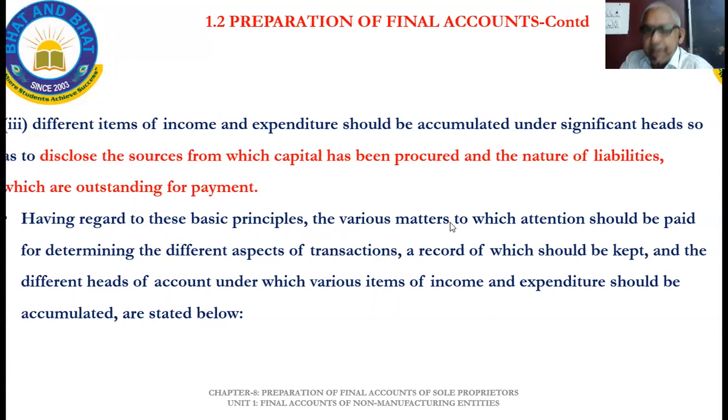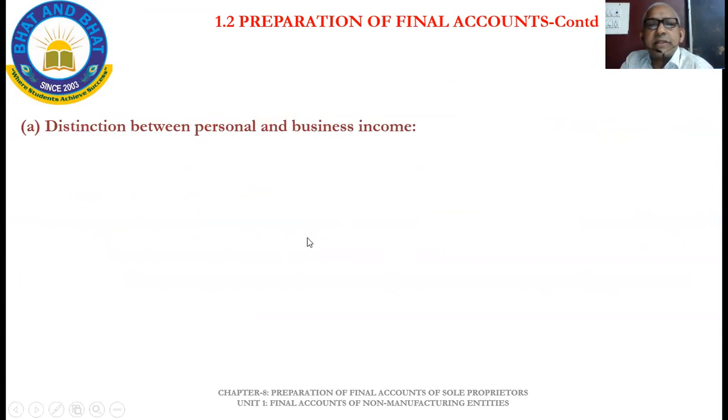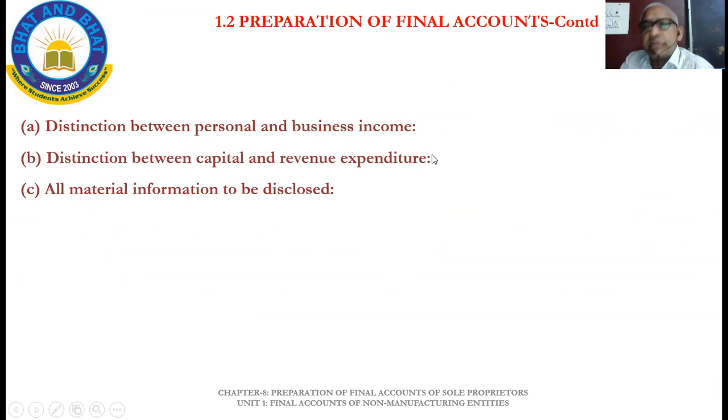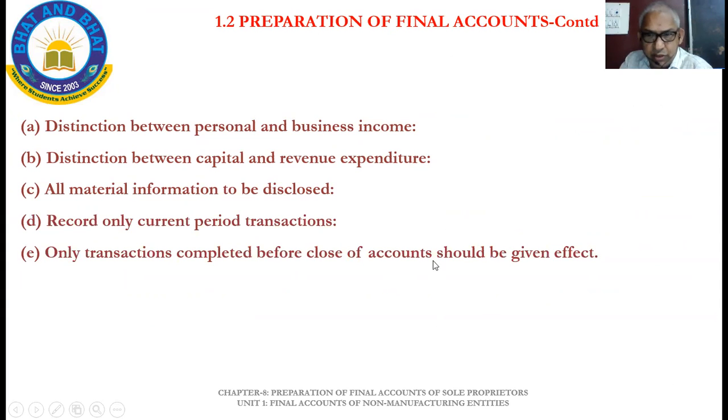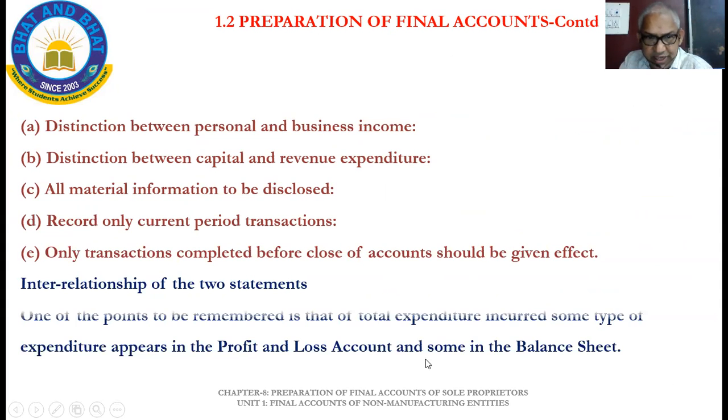Yeah, I'll come back to that. Then, distinction between personal and business income. I was telling you about the sole proprietor: whatever he uses for his personal household expenses will be treated as drawings, and it will be reduced from the capital he has invested in the business.